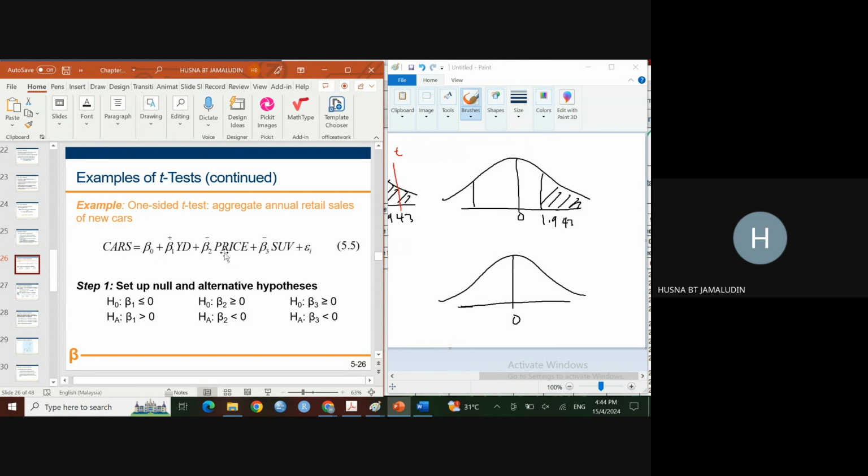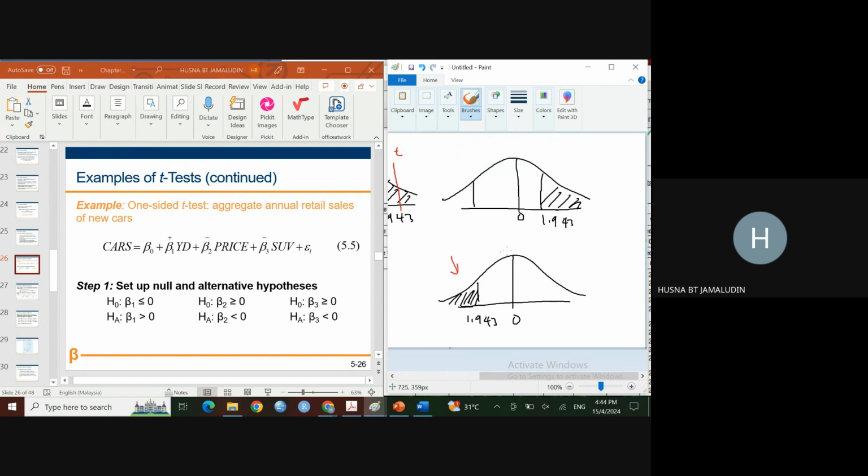It will reduce the sales, so the sign for the price is negative. Although the value of CV is 1.943, the CV sign follows your expected sign, which is negative. So CV should be on the left side. If your test statistic is somewhere on the left side, then you will reject your H null.